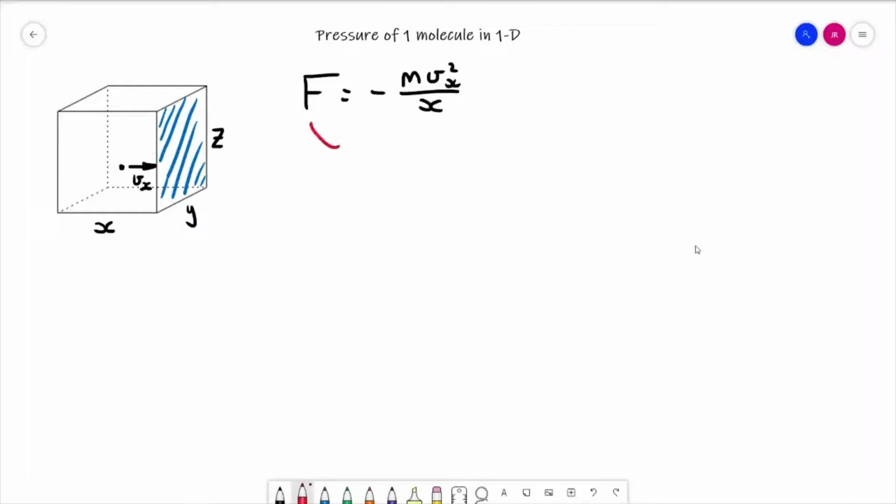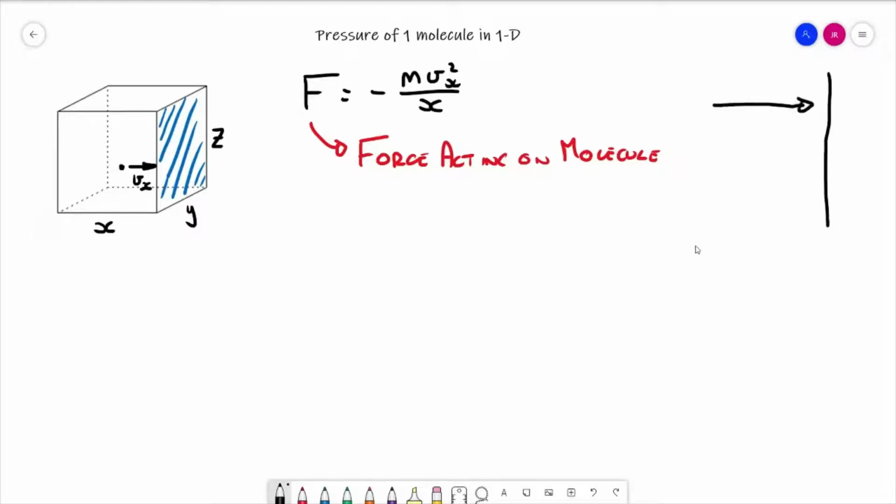Now, at this point, I want you just to think back to what we did on the last slide. When we look at it properly, this force that we've just calculated is the force that acts on the molecule, because obviously the molecule has gone from moving in that direction to moving in that direction.